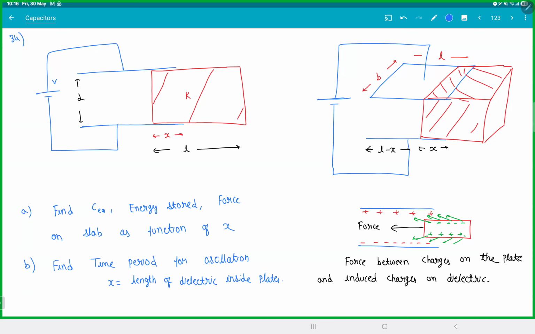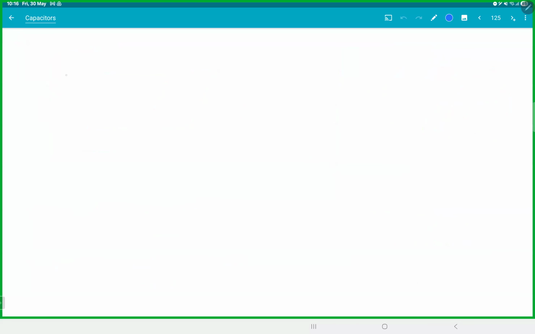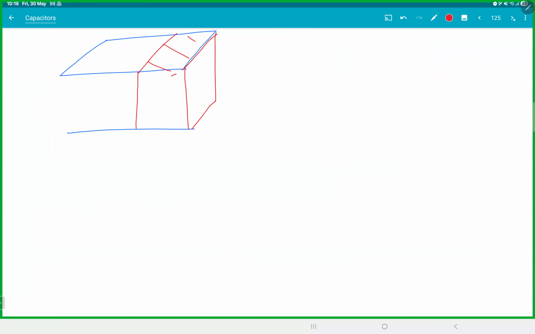C equivalent is easy, right? If you look at the whole capacitor, this part is inside. This was x. This was L minus x. You can simply treat them as two capacitors, both in parallel.